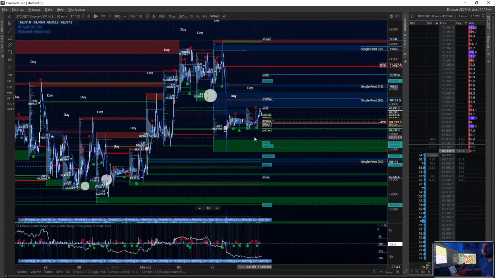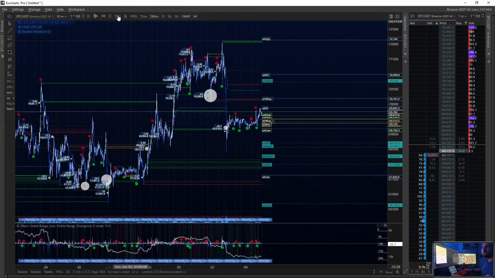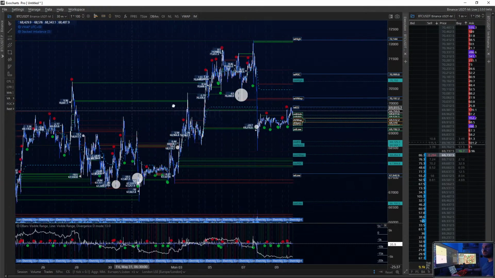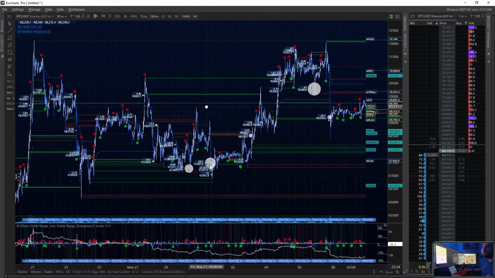So we're not going to care about that, that's done. Let's hide the TPO here just to check. Ooh, but this is another big group. This group of stacked imbalances here is even bigger than those ones, although we also have a nice stack here.